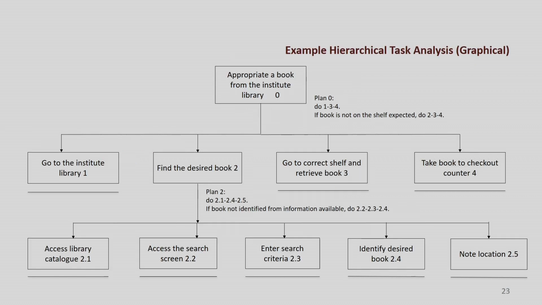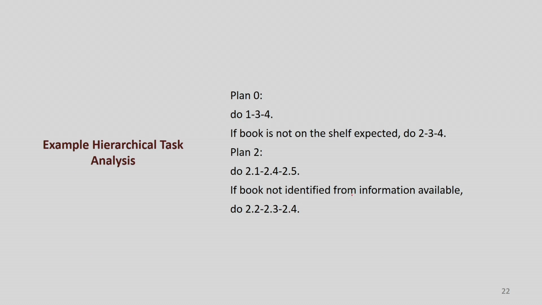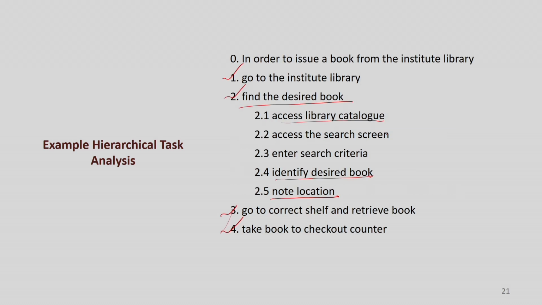But if that book is not identified from the available catalog, then what do I do? I will access the search screen, enter the search criteria, identify the desired book, note the location, then follow steps 3 and 4.